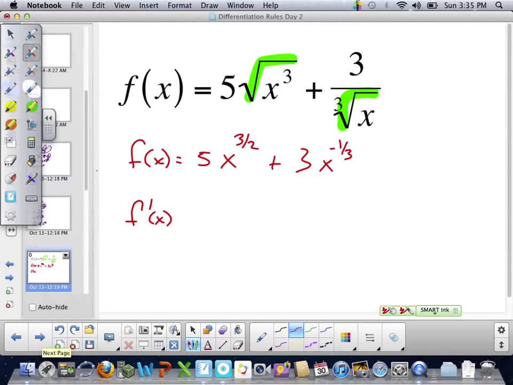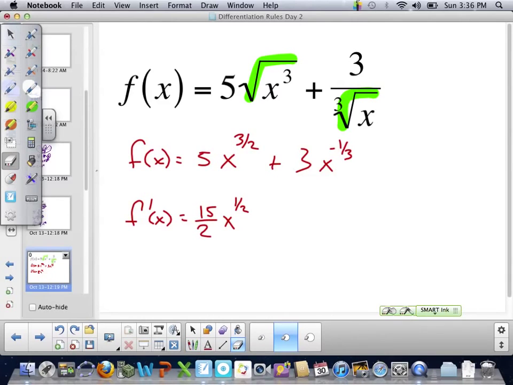The 3/2 will be multiplied by 5, so that becomes 15/2. And then 3/2, if you minus 1, you're really minusing 2/2. 3/2 minus 2/2 is 1/2. And then we'll take our negative 1/3 times 3. We get negative 1x.